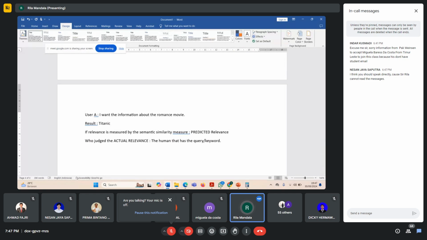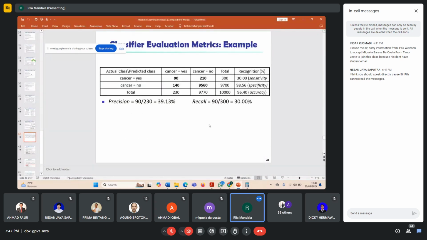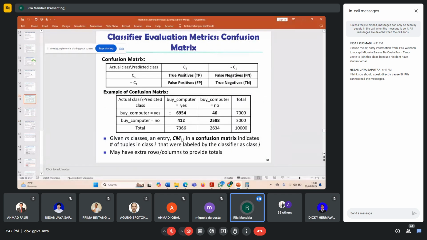So in my example last week, in the cancer example, maybe. Remember, I have a shop. I want to know whether a customer that comes to my shop will buy a computer or not. Then I run the machine learning.